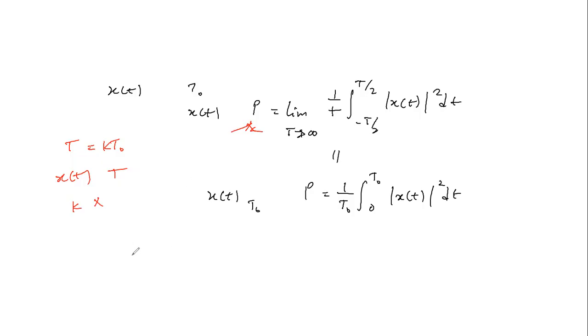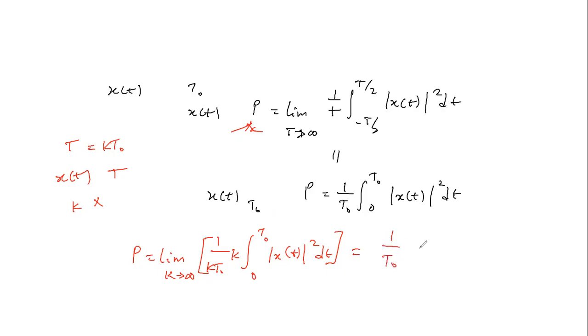So what we're trying to say here is that P is the same as the limit for K tending to infinity of 1 over K T naught times K integral 0 to T naught S of t squared dt, which is the same as 1 over T naught integral 0 to T naught S of t squared dt.